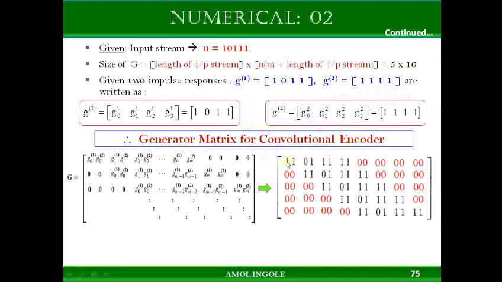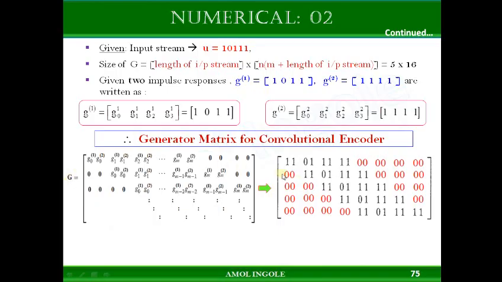We could only get 8 columns by interlacing G1 and G2, so the remaining columns will be filled with zeros. That's how you get the first row of the generator matrix.